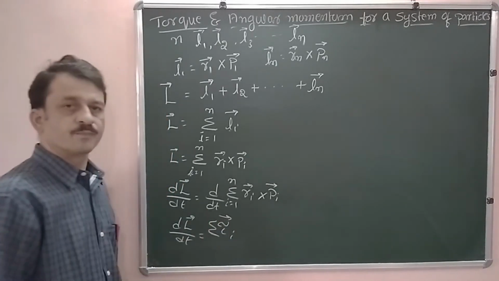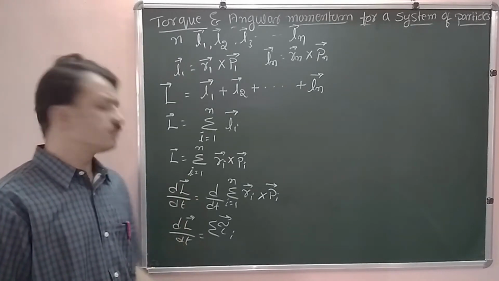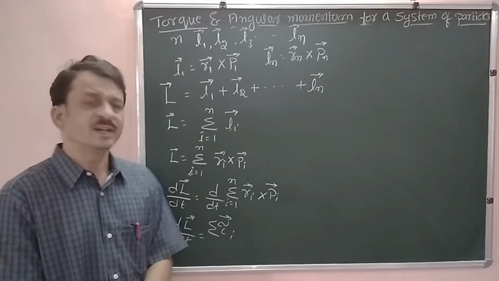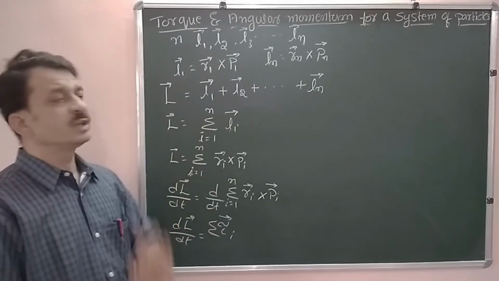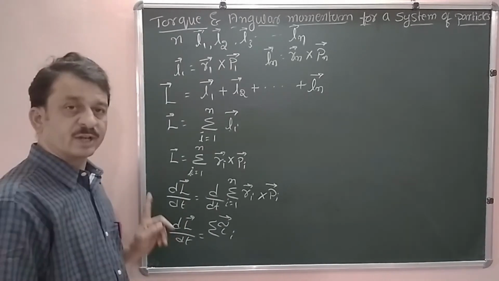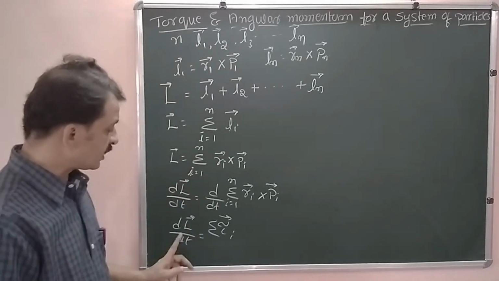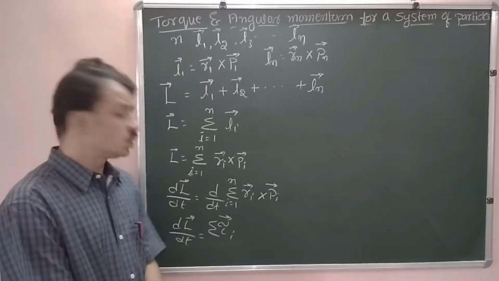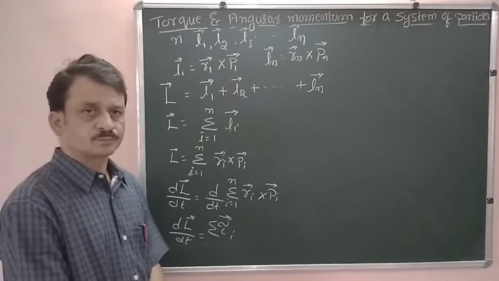We are already familiar with the fact that the time rate of change of angular momentum is equal to the torque acting on it. Here capital L is the total angular momentum of the rigid body, which contains a system of n particles. The time rate of change of the total angular momentum of a system of particles is equal to the sum of the external torques, tau i.